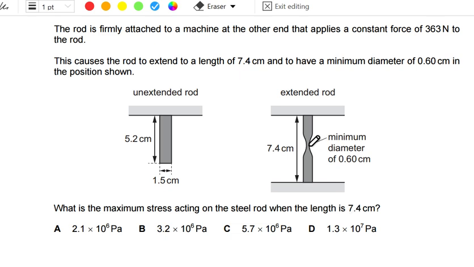Okay, and cross section here can be given by pi times diameter over 2, and don't forget to convert all this to power 2 because it is pi r squared, the area, and force is divided by this cross section area.